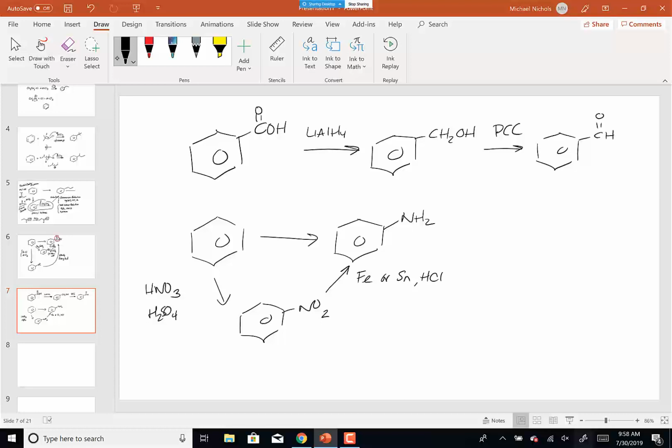So iron, tin, and HCl. And that will reduce the nitro group to an NH2 group. Again, reduction because I'm adding hydrogen, losing oxygen. So this is a reduction. So if you want to add an NH2 group to the ring, you need to put a nitro group on and reduce it with iron or tin.